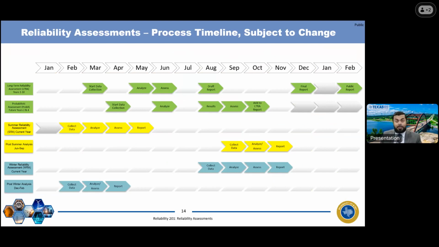The seasonal assessments, on the other hand, use a more condensed timeline because they need more up-to-date information and must be completed ahead of the seasons. The post-seasonal assessments rely on actual data from the system operation, and they also follow a condensed timeline so that the information sharing is more effective and timelier. In the next few slides, we'll briefly go over each of the assessments.